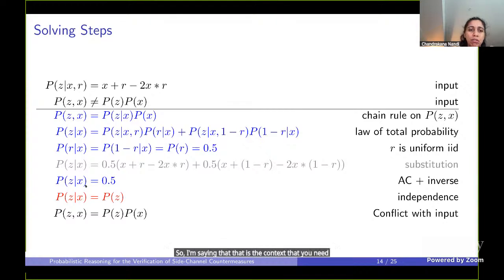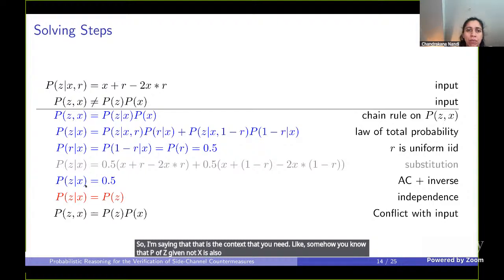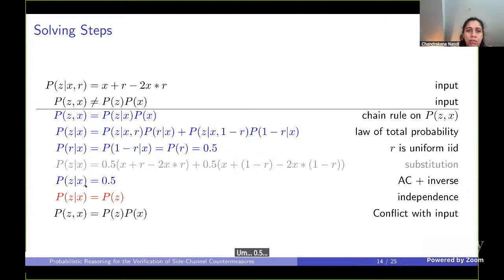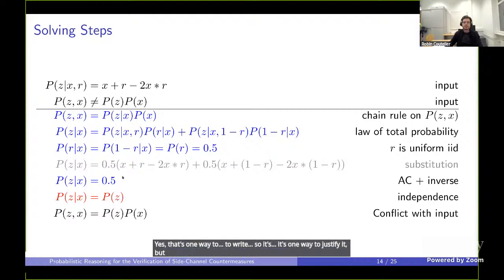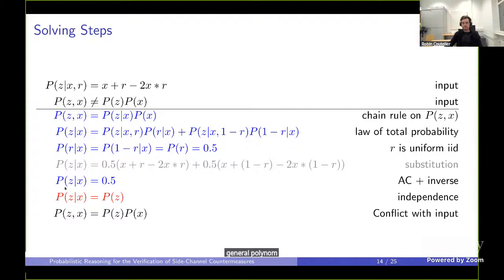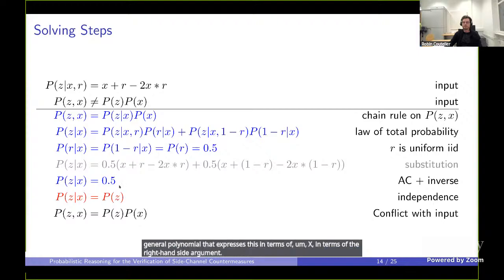Somehow you know that P of Z given not X is also 0.5. Yes, that's one way to write it. It's one way to justify it, but it is sufficient to say if I have a general polynomial that expresses this in terms of X, or in terms of the right-hand side argument, and it does not involve X, it means that it's independent.